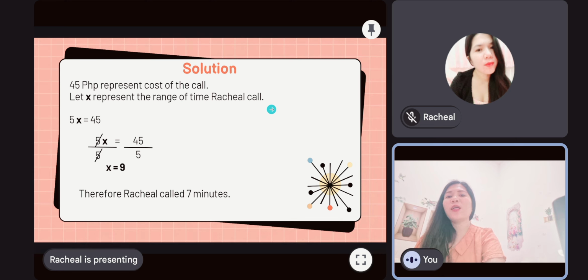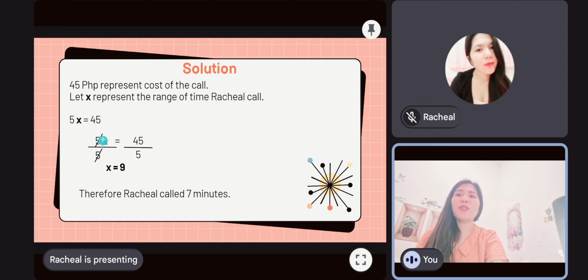So 5x, or 5 times x, is equal to 45. How are we going to get the value of x? We have to cancel the number beside the variable. What is the number beside the variable? That is 5. Since we need to cancel that, we have to divide it by 5.